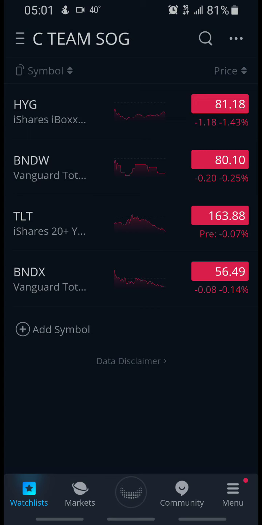HYG, BNDW, TLT, BNDX. That's your bond market, and it's totally drained, as you can see. What you're going to see is B in on the drain. They're ready to be bought up.